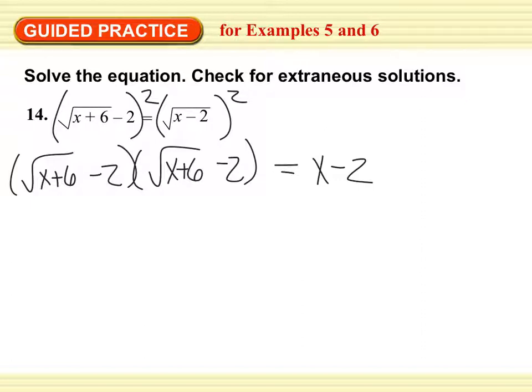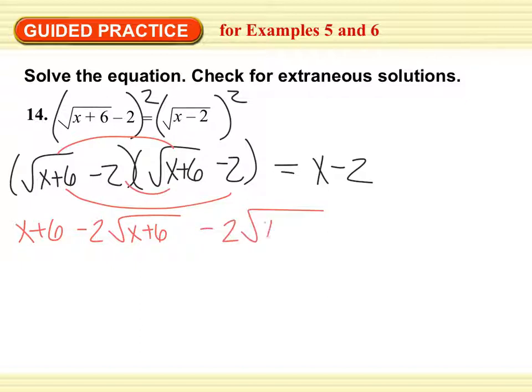All right, let's do this. First times first, I get rid of my square. Outer, I have minus 2 square root of x plus 6. Inner, minus 2 square root of x plus 6. And then last, plus 4.